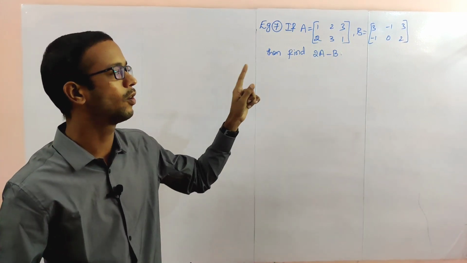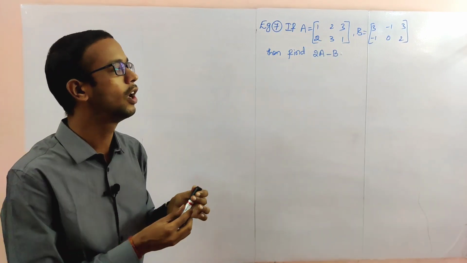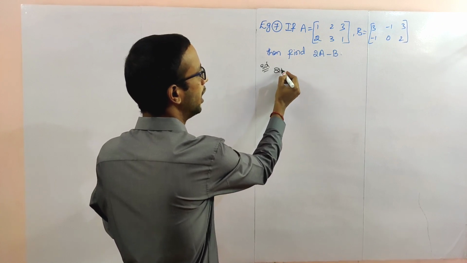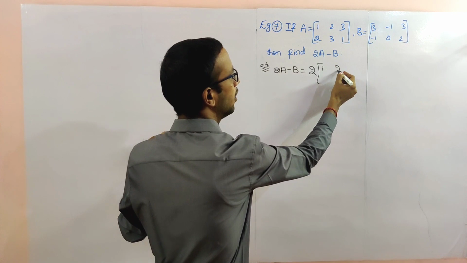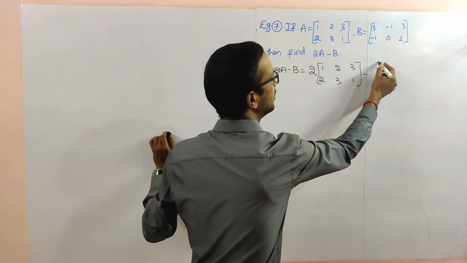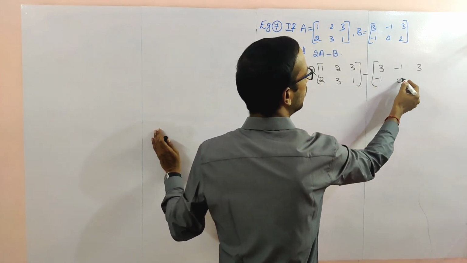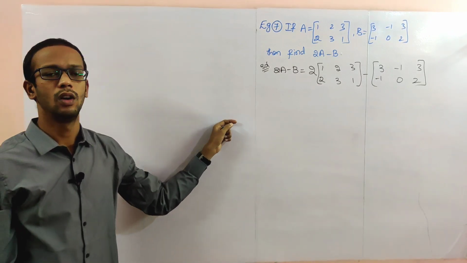How many rows? 2 rows and 3 columns, for both. So we can do the subtraction. So 2A minus B is equal to 2 times A, 1, 2, 3, 2, 3, 1, minus B, 3, minus 1, 3, minus 1, 0, 2, minus 1, 0, 2.